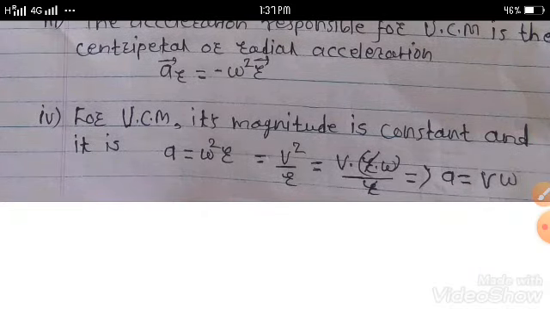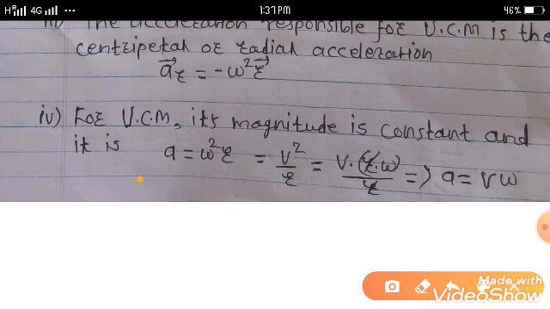Next point, for UCM its magnitude is a constant. Consider this magnitude, a equals omega square r. Omega is the angular velocity, r is the radius and a is the acceleration.